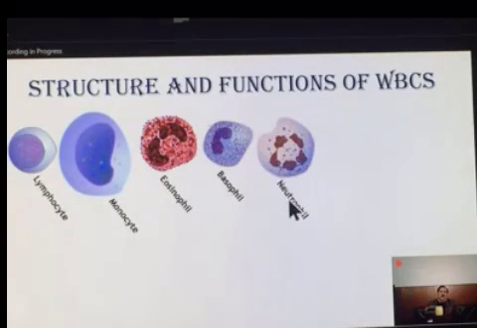This is the neutrophil, this is the basophil, and this is the eosinophil. You can see that granules are present in the cytoplasm of these cells, and these granules take different stains, and you can see that agranulocytes, which are monocyte and lymphocyte, have clear cytoplasm. There is no granule in cytoplasm.